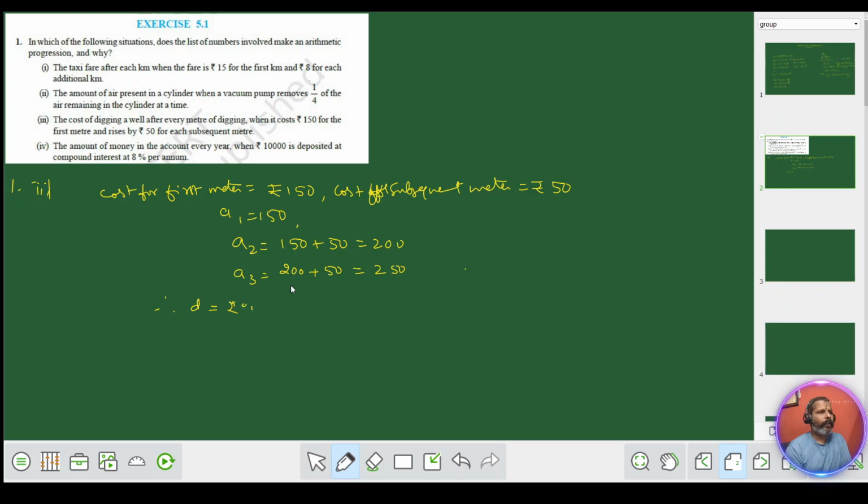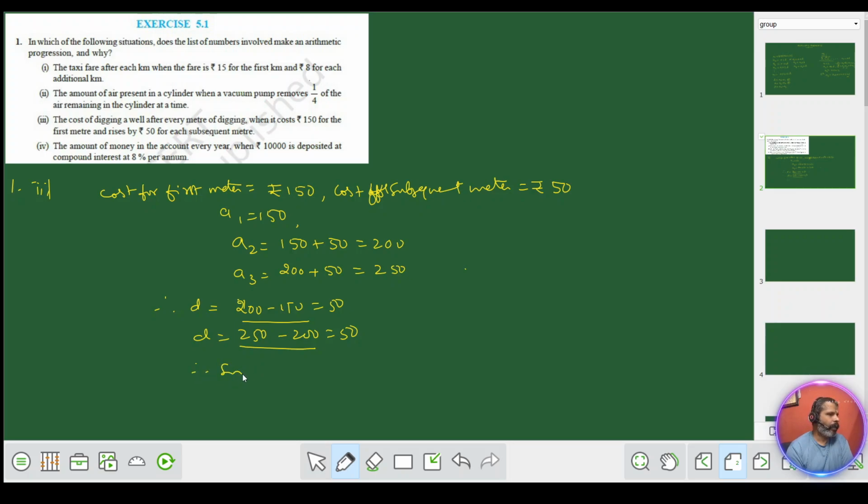Let's find another one. 250 minus 200 is 50. 200 minus 150 is 50. Similarly, 250 minus 200 is 50. This is A2 minus A1, this is A3 minus A2.